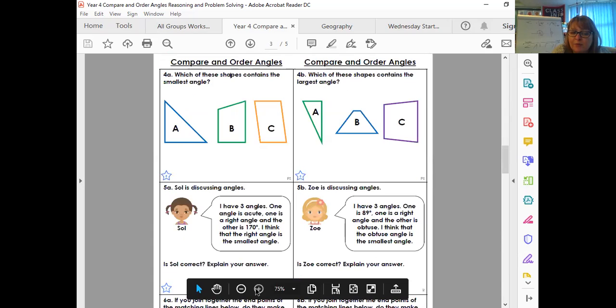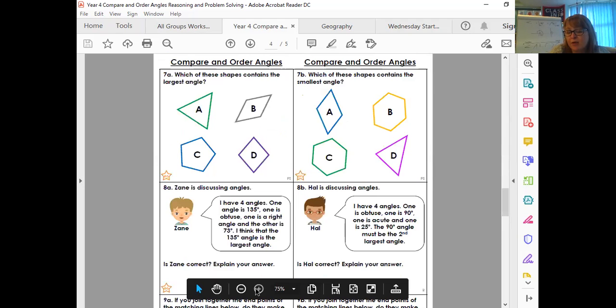Then if it's a blue star, that's what you should be working at completing. And then if you're really clever today, you've got these ones which are a little bit harder. But remember, if you're problem solving, you are going to have to show some examples.